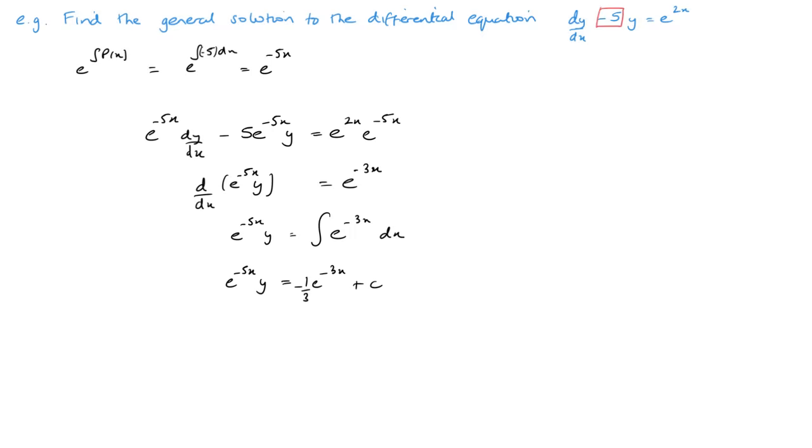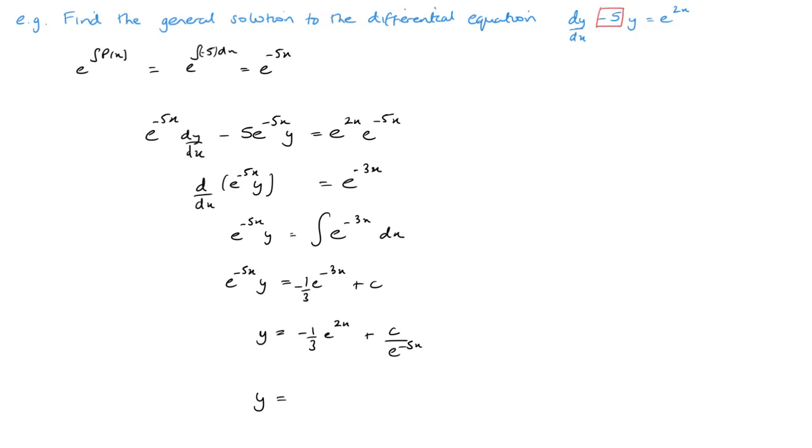So that's what I've got, and then what I need to do is just divide by e^(-5x). Dividing by e^(-5x) gives me -1/3 e^(2x) plus c over e^(-5x).